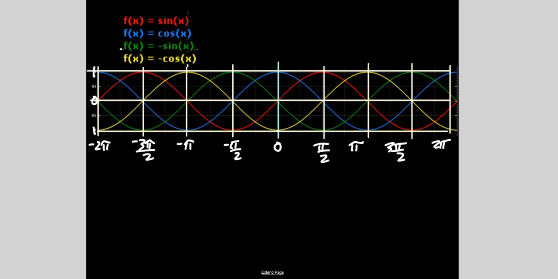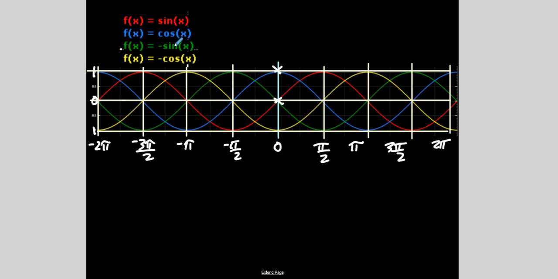All right, here's a graph of the four functions: sine x in red, cosine x in blue, negative sine x in green, and negative cosine x in yellow. So here at 0, sine x goes through 0. Cosine x, as I said a moment ago, has a value of 1. Notice that the green is a reflection of the red graph over the x-axis.